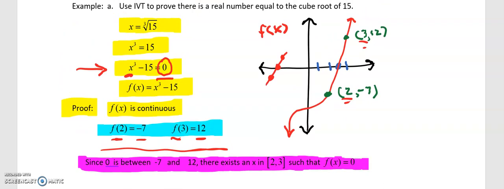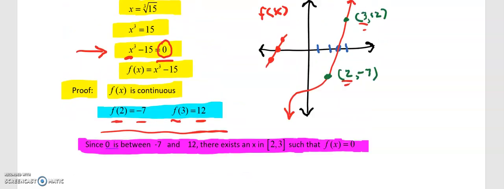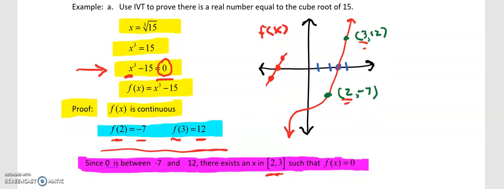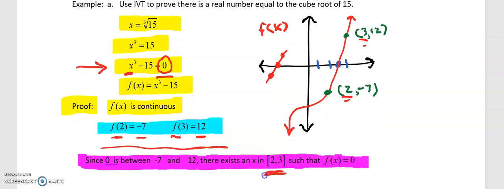The value 2.466 clearly exists between the 2 and the 3, and you can see it here as well. It exists between 2 and 3, and if you plug that into x cubed and subtract 15, you will get 0, which is the answer to the cube root of 15.